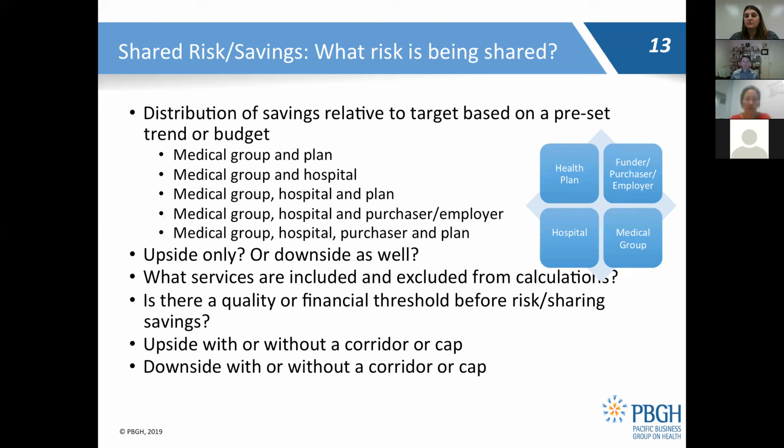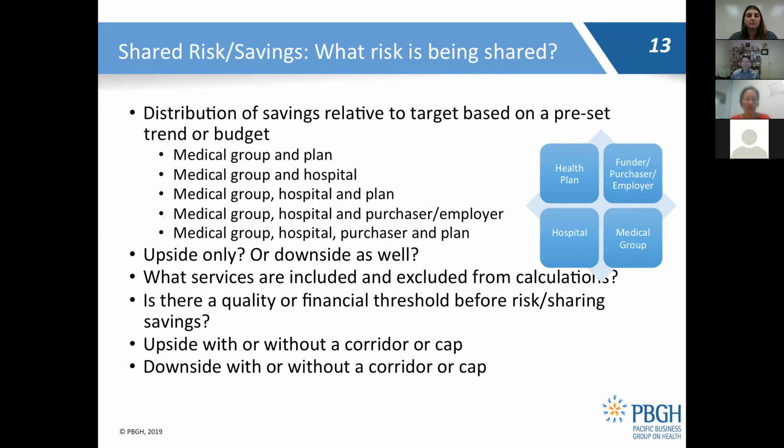Some of the other approaches to managing the degree of risk is that organizations may negotiate a cap on the total dollars that they're at risk for, or that there's a corridor so that, plus or minus 2%, just to throw out an example, the dollars aren't moved around, because that can shift year to year by a tiny amount.